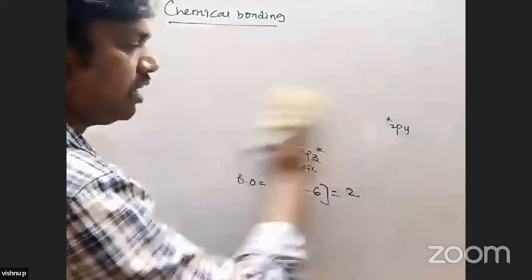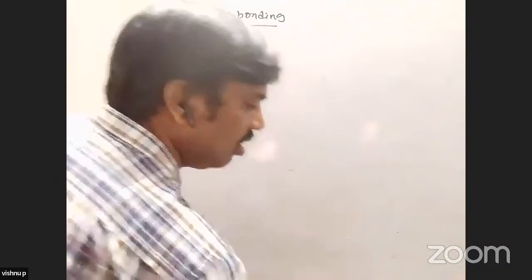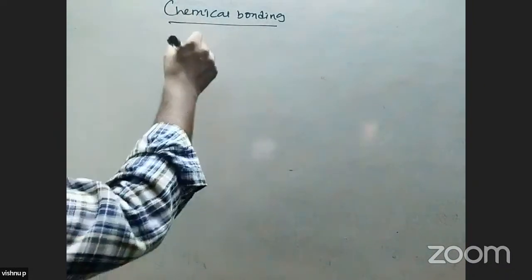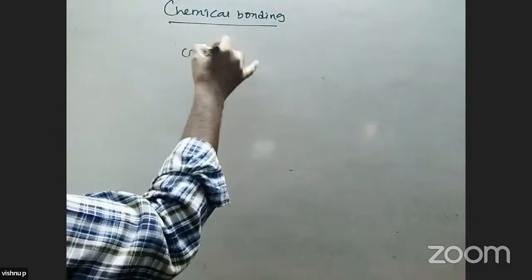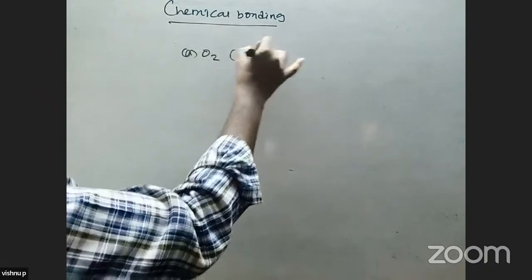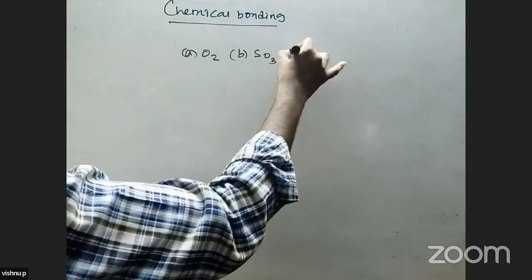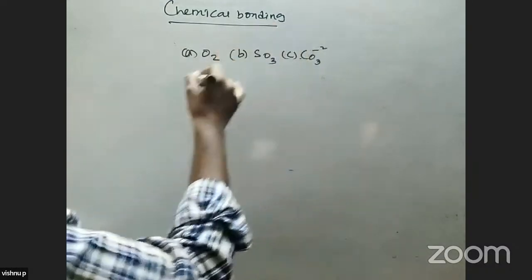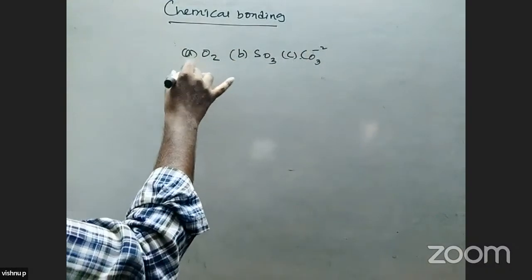So that is chemical bonding. Now we discuss a few questions from previous entrance exams. Here a few species are given: first O2, second SO3, third CO3 2-, next SO2.